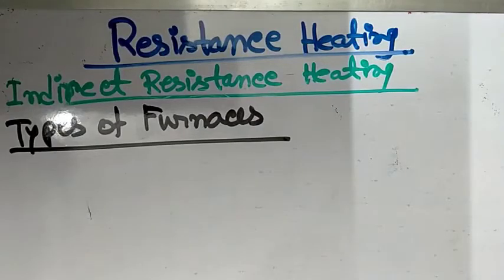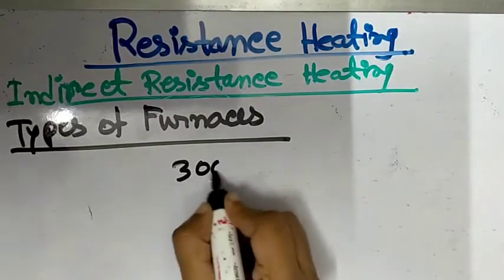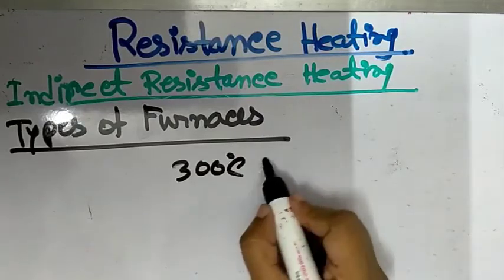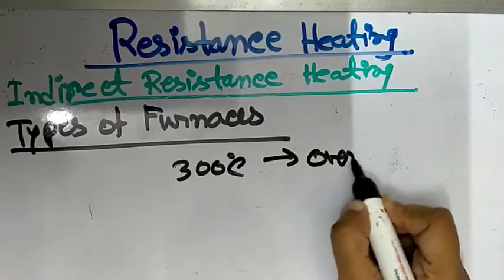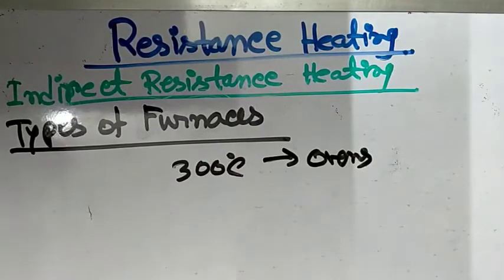Now, one way of classifying resistance furnaces is based on working temperature. Low temperature furnaces, up to 300 degrees centigrade, also called ovens, are mostly used for drying varnish coatings, vulcanizing and hardening of synthetic material. And these are also used for tempering hardened steel pieces.